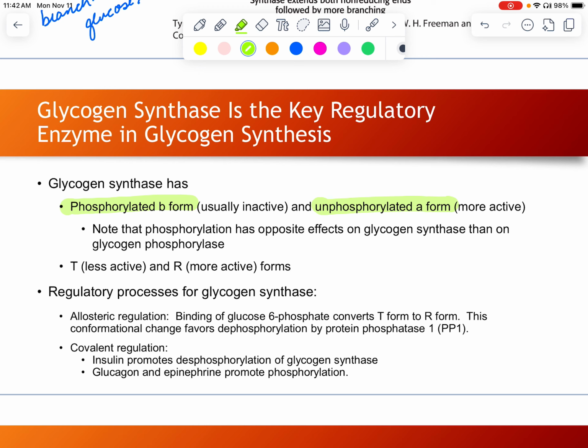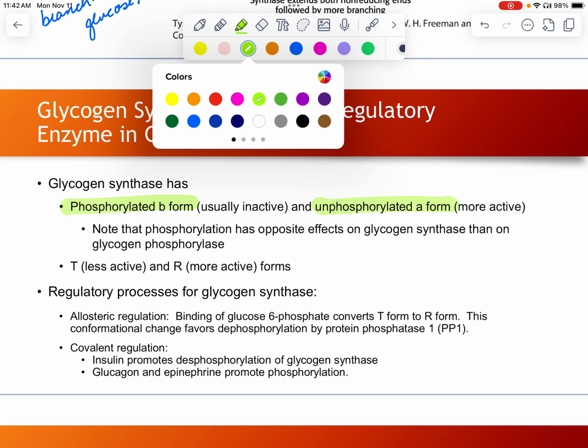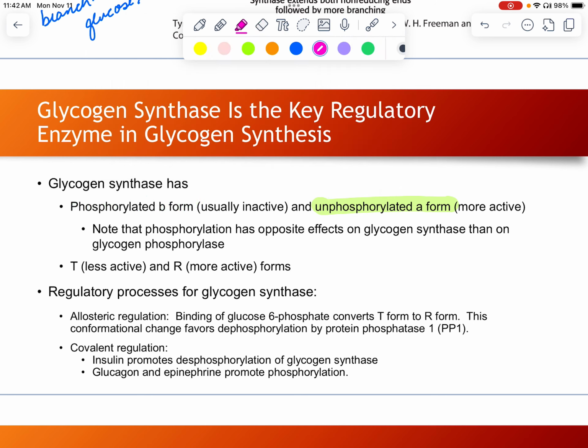The phosphorylated form is usually inactive. The unphosphorylated form is active. That is opposite the glycogen phosphorylase we looked at in the previous videos. It also has different conformations. Okay, the T form that is less active, the R form that is more active.